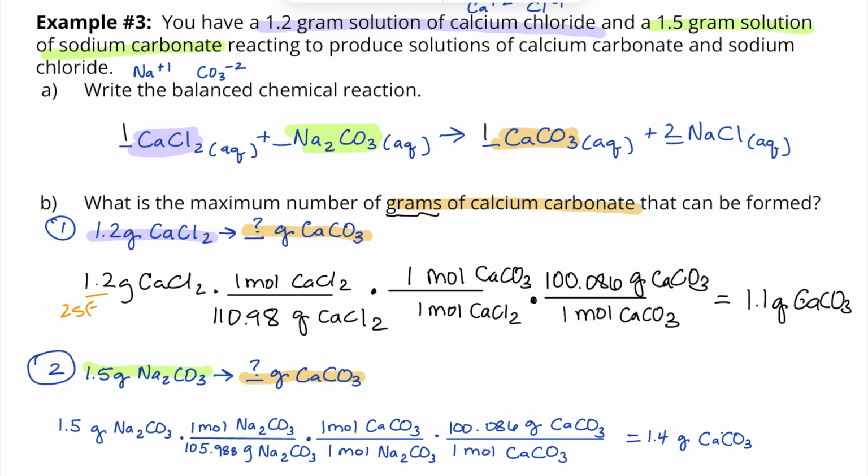Now I need to compare. Which of these made less? Which of them is going to run out first? And 1.1 is a smaller number, which means that this one is the maximum amount that can be produced.